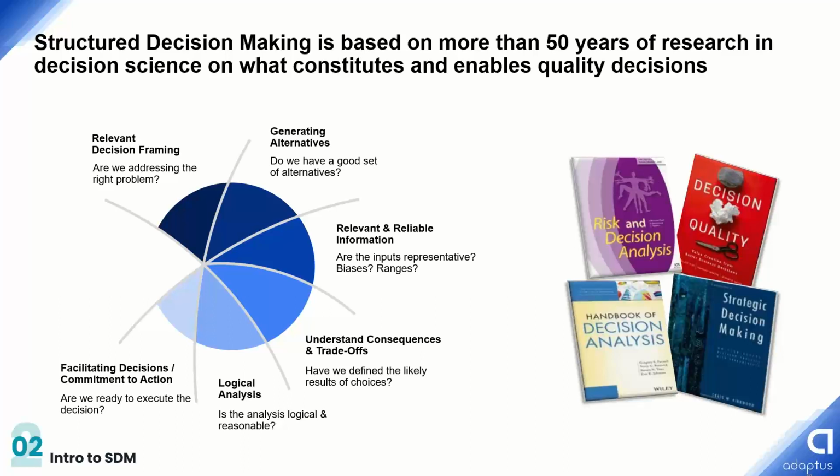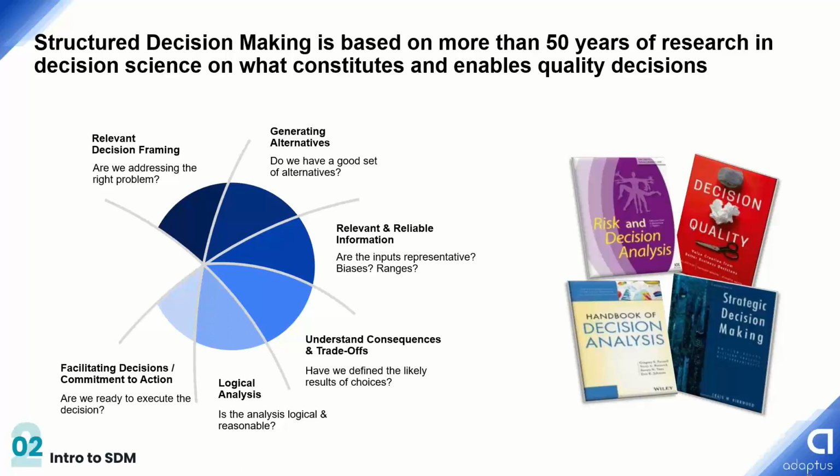So what are the elements of structured decision making? Decision science tells us there are 6 attributes that constitute a quality decision, starting with a relevant frame. So solving the right problem, ensuring that the right opportunity or problem is being tackled.